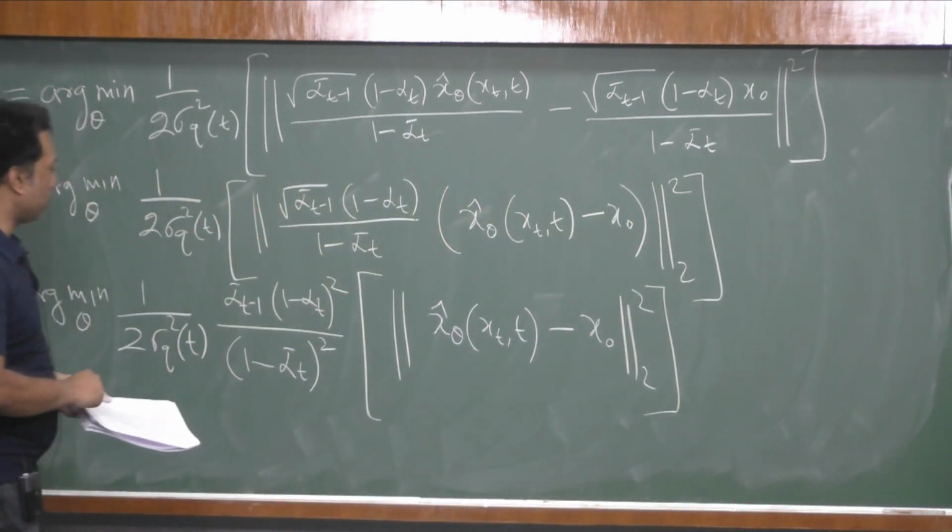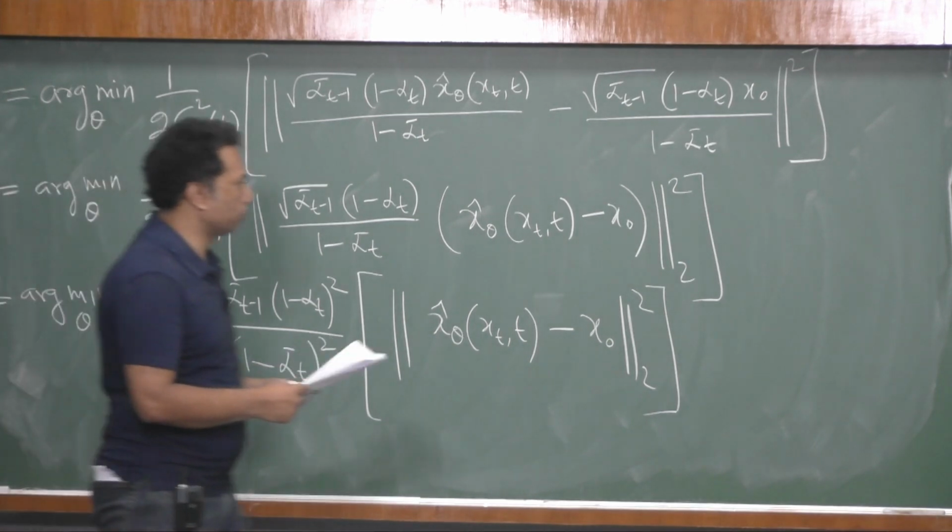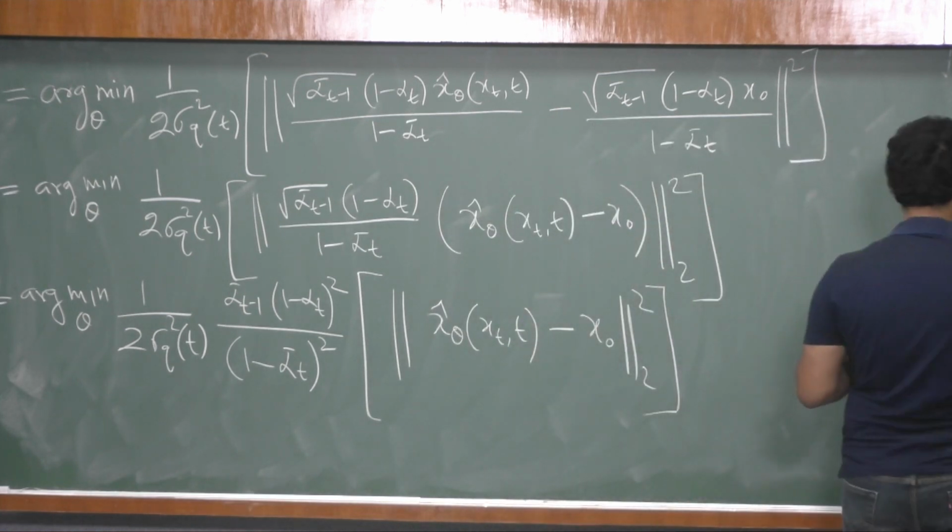So if you recall, the reason why we want to do this is that we had the summation term in the original denoising matching term. There was a summation over t equals 2 to capital T, and this is just one term of that. So just for your convenience, I will write down that term.